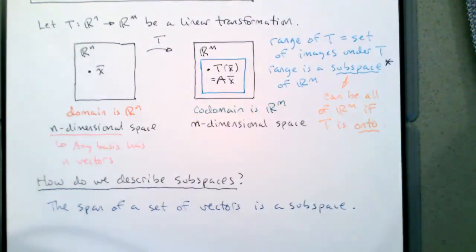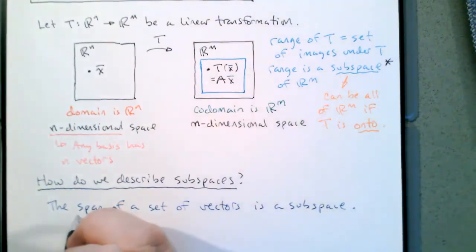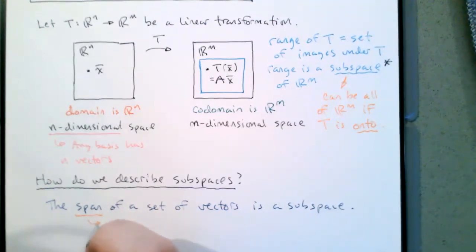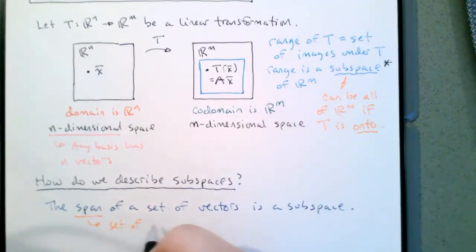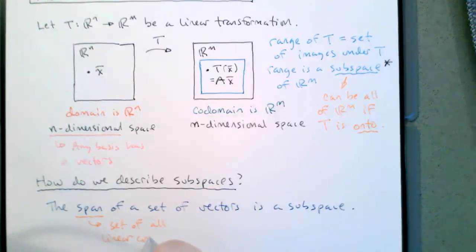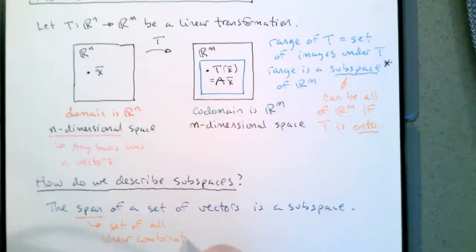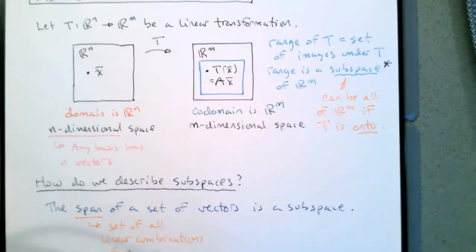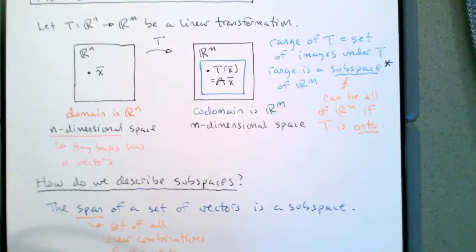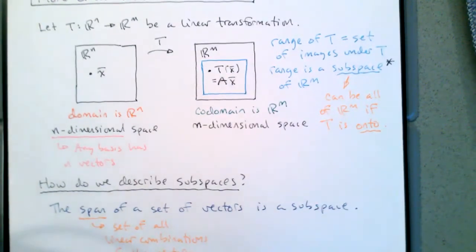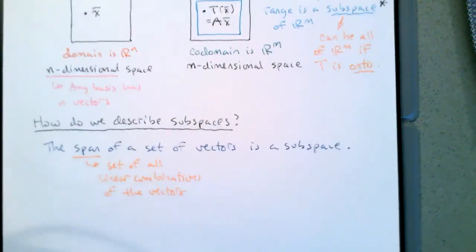Remember, when we talk about the span of a set of vectors, we're talking about all the linear combinations of the set of vectors, and that will always be a subspace.